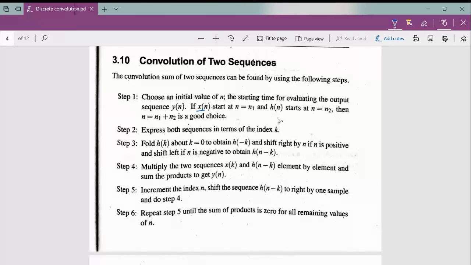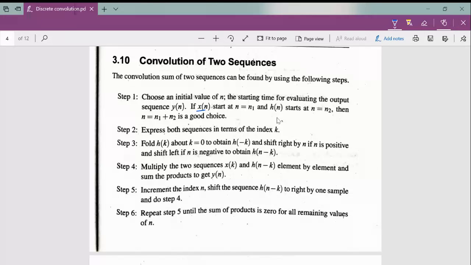If n is negative, we shift h of minus k to the left, and if n is positive, we shift h of minus k to the right. First we draw h of minus k, then we plot h of n minus k, where n is n1 plus n2.